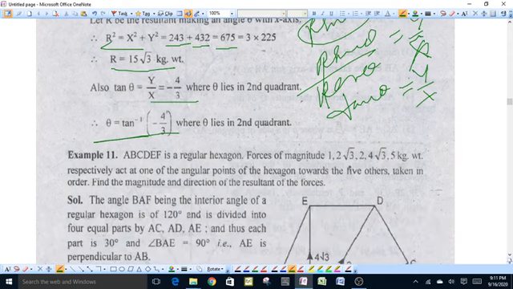This is the direction of the resultant, and the magnitude of resultant is equal to 15 under root 3 kilogram weight.